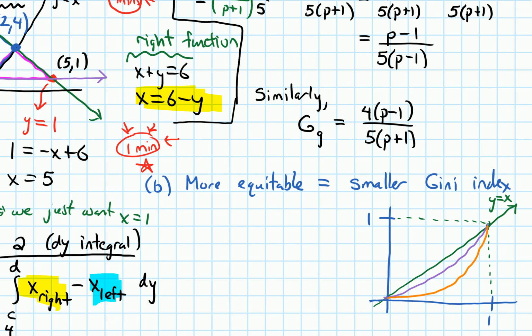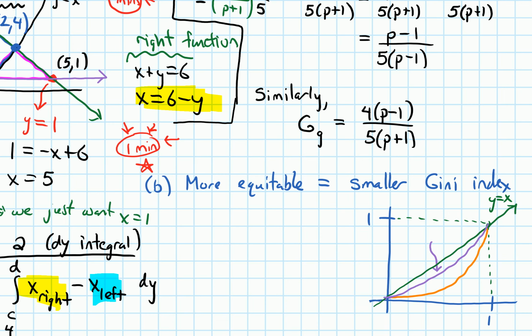So when we compute the Gini index, what we're doing is finding the area between that line y equals x, the perfect equity curve, and our Lorenz curve, whatever it happens to be. And then we're doubling it. That's why we multiply by that 2 in the front. So when we do that, if I look at this purple curve, that area is going to end up being smaller than it is for the orange curve.